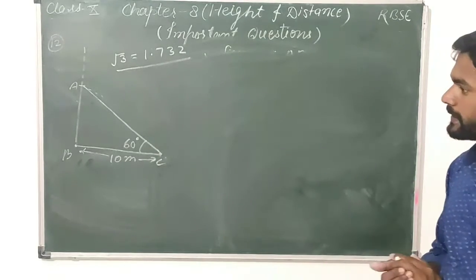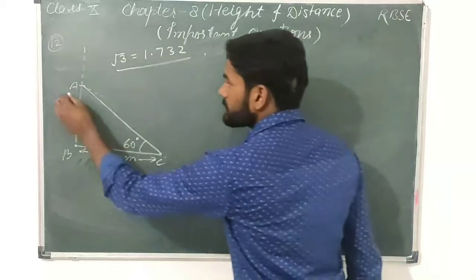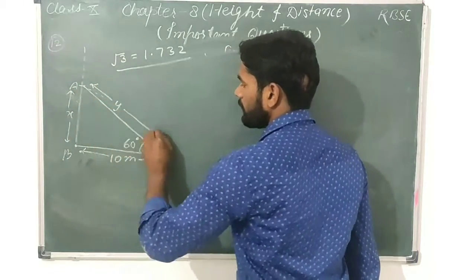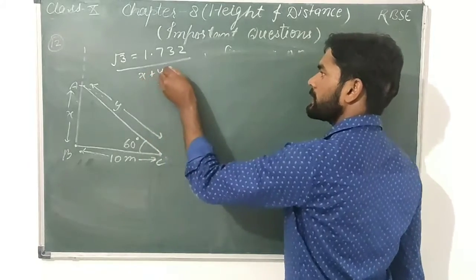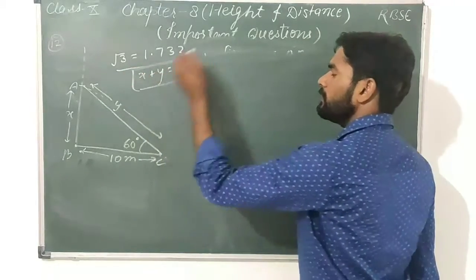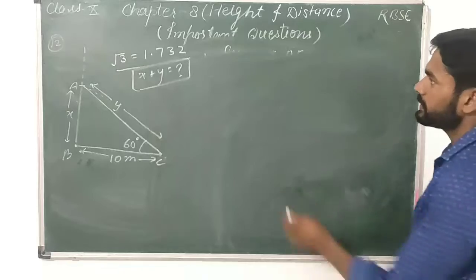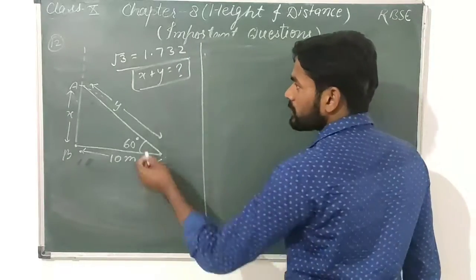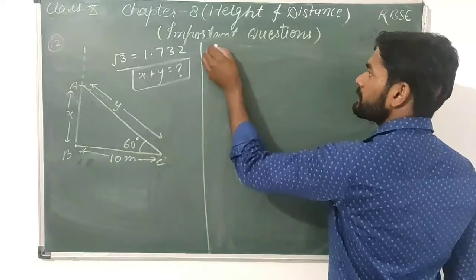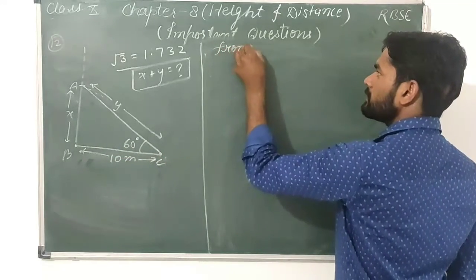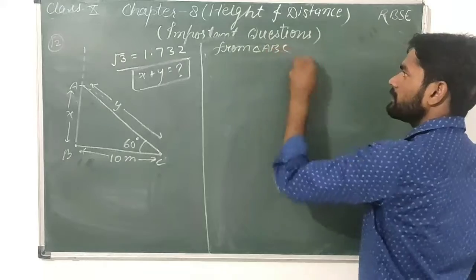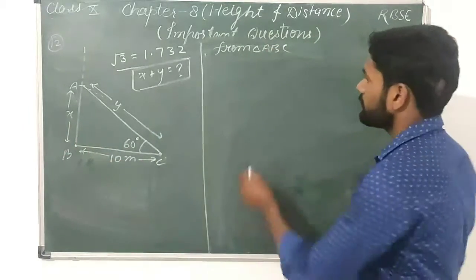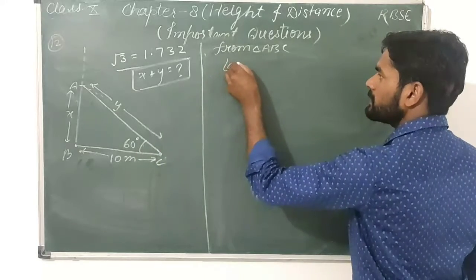Okay, sir, let's start. Let's suppose this is x and this is y. Finally, we have to calculate x plus y. What will be the value of x plus y? So let's start from triangle ABC. The ratio of perpendicular and base, tan 60 degree.